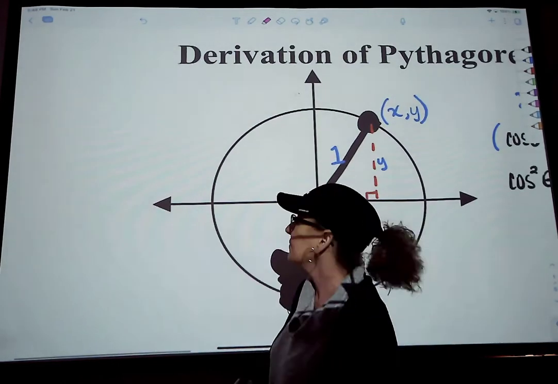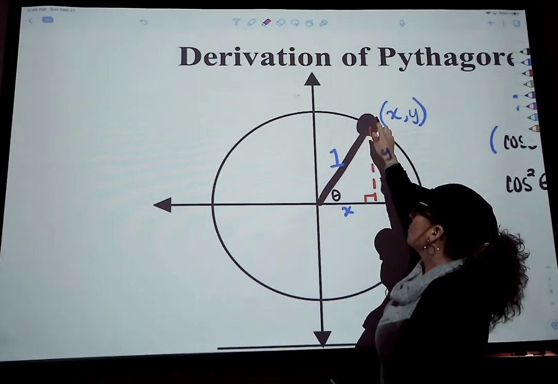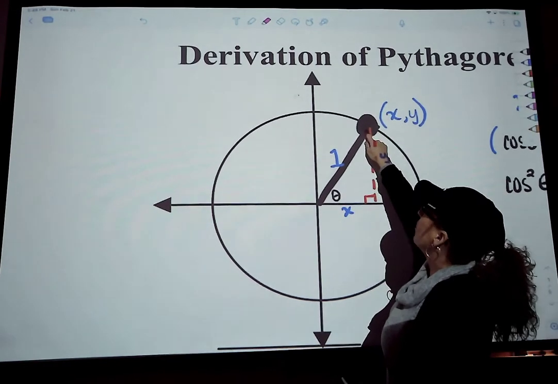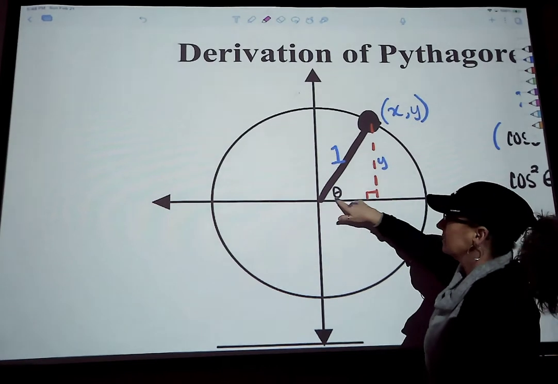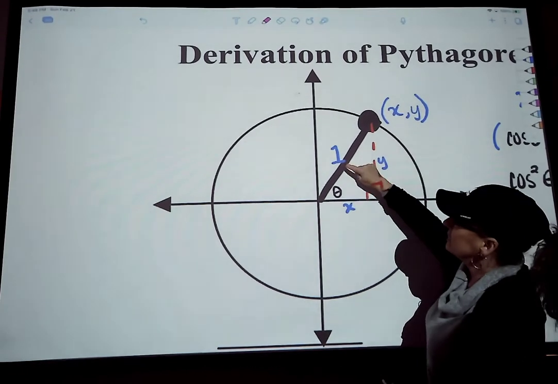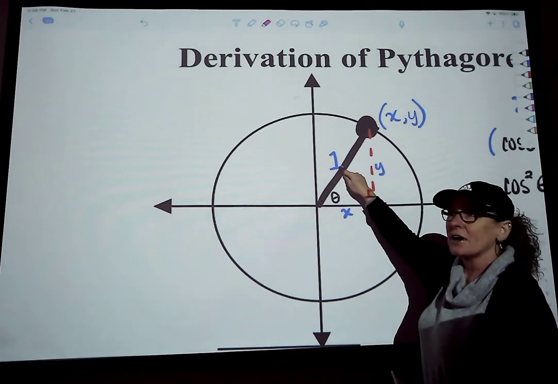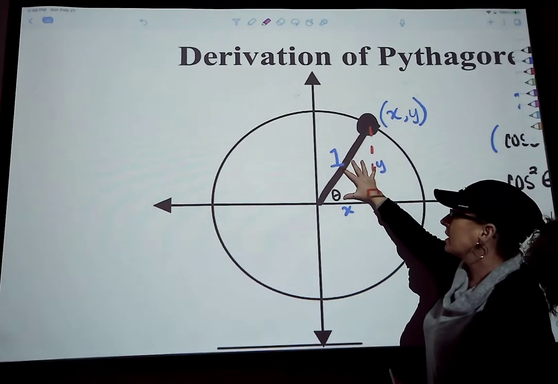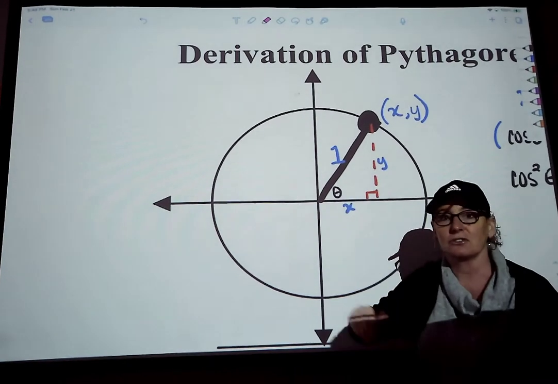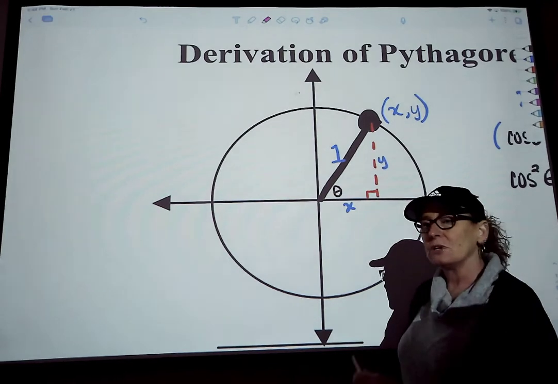Let's say you have a point on the unit circle, okay? It's a point. I'm calling it x comma y. You okay with that? That's this point. Unit circle, so the radius is 1, aka the hypotenuse of this triangle is 1.